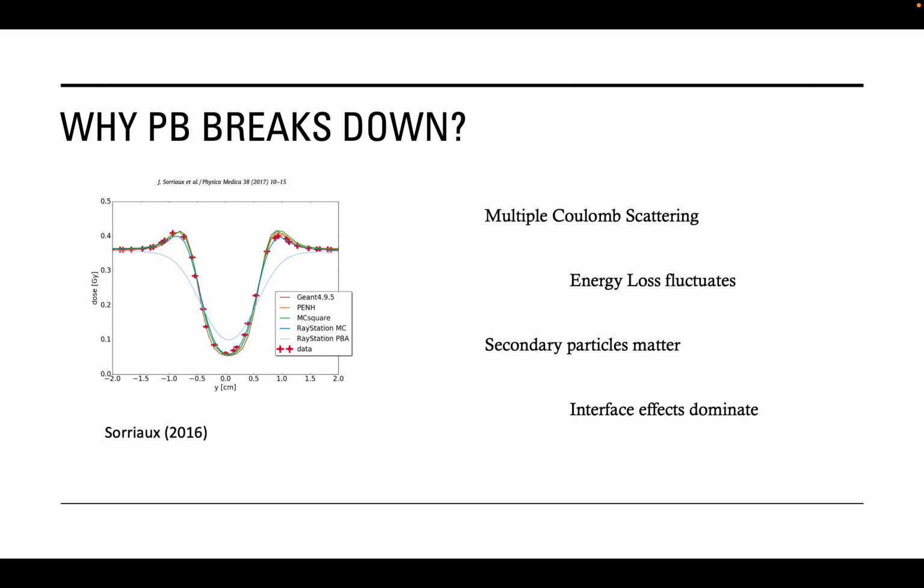At tissue boundaries, that is lung and bone, air and tissue, all these effects spike, and a simple model like pencil beam fails. So as you can see at the interface, because of multiple Coulomb scattering and energy loss, which pencil beam averages, this leads to underestimation of dose at the interface. I hope that was helpful. That was all.